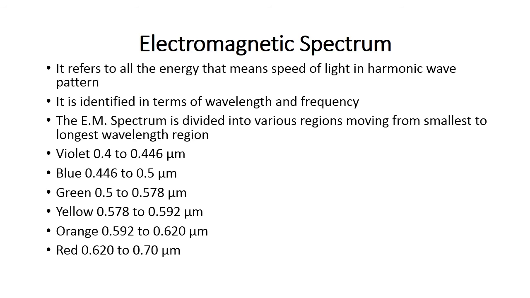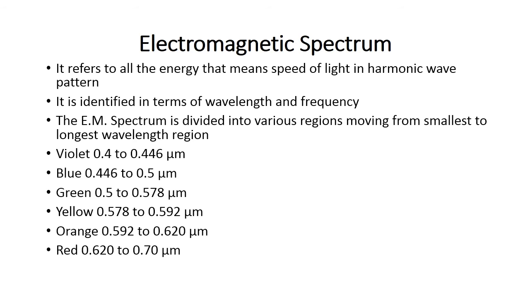After the UV zone is the visible part of the spectrum, and this region is commonly called light. This is the only part of the spectrum which is associated with the concept of color.